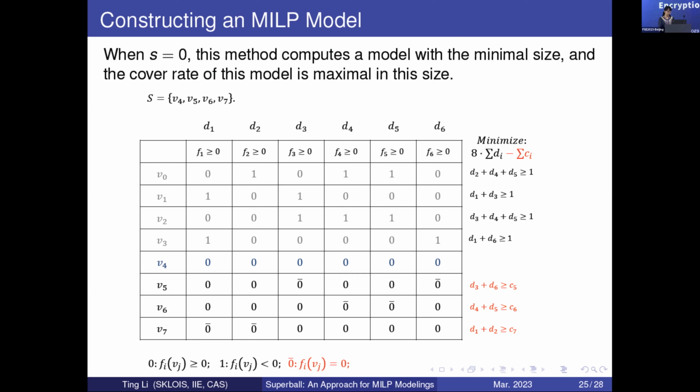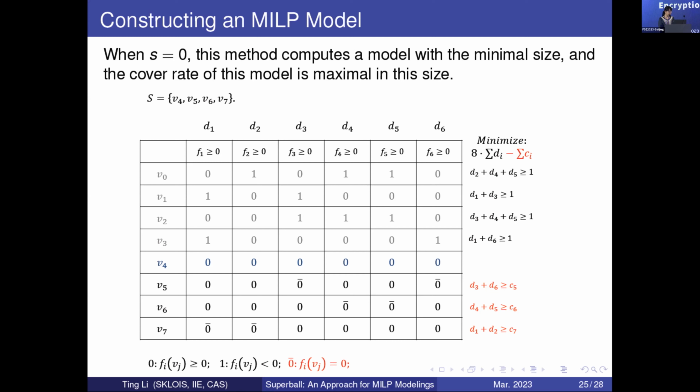And the cover rate is determined by the sum of Ci's, added into the objective function. So in this way, we can formulate the MILP models to construct the balanced model.